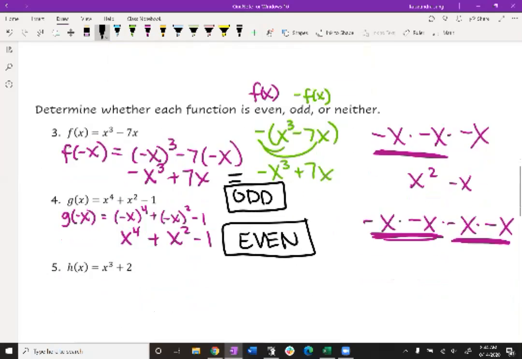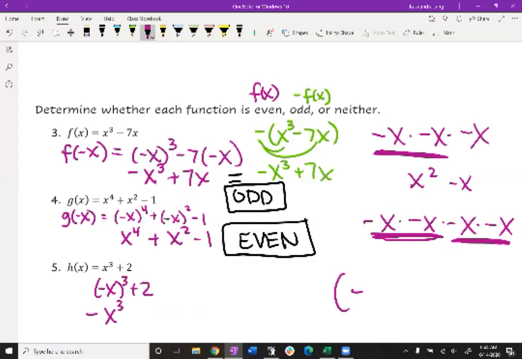I'm sure you can probably guess what the next one does, but we're going to practice that just in case. I'm going to put a negative x in again. Negative x to any odd exponent. This one's cubed again, where really any odd exponent means it's going to be like a negative in front of it. I've got negative x cubed.